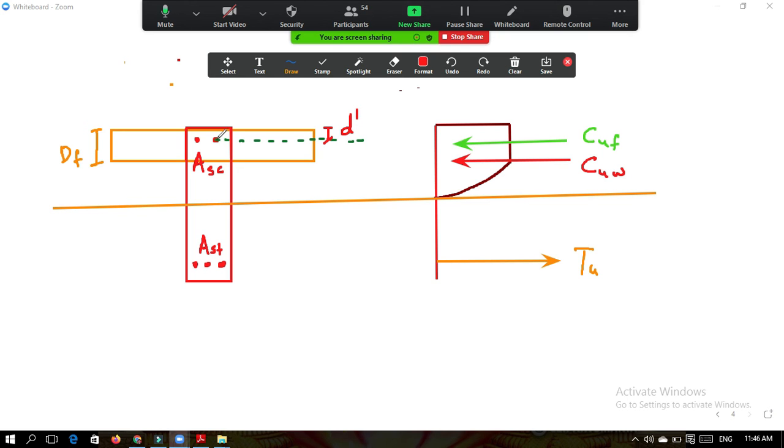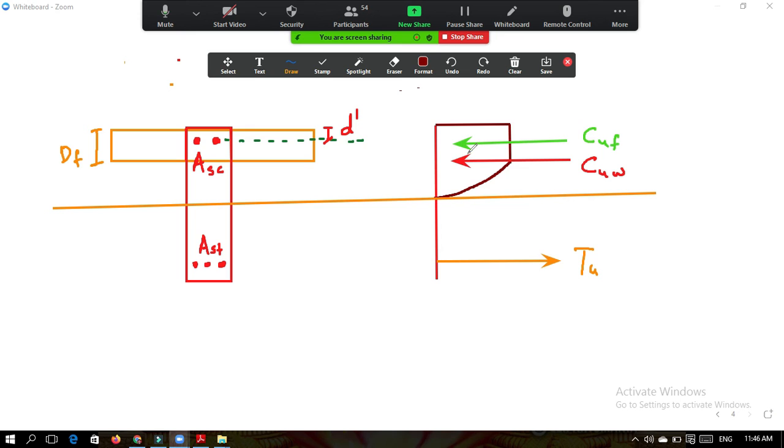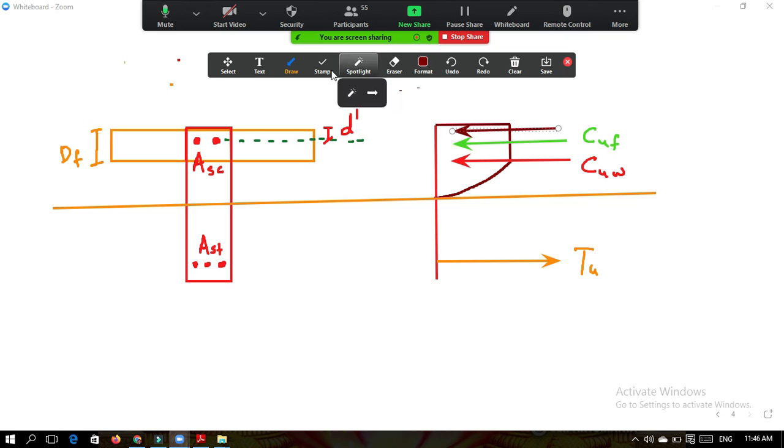At this level, your CUS is acting as the force. This is the steel in compression. So one more compressive force will be there, and I will show that force in this way. Here somewhere it will act, and I will name this as CUS.